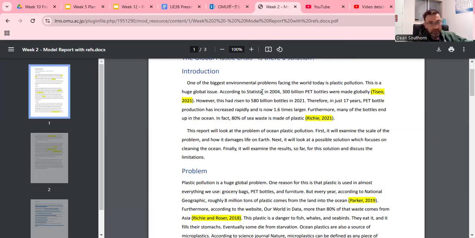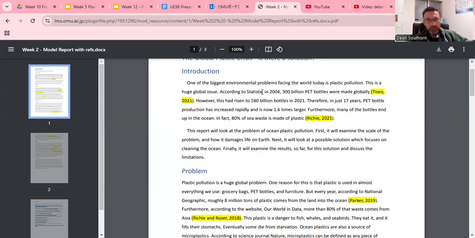And yet by 2021, 580 billion bottles were made. So we can see an increase of nearly 100% over a 17-year period. So an amazing amount. And where does this plastic go? Well, we will look at that problem in our presentation today.